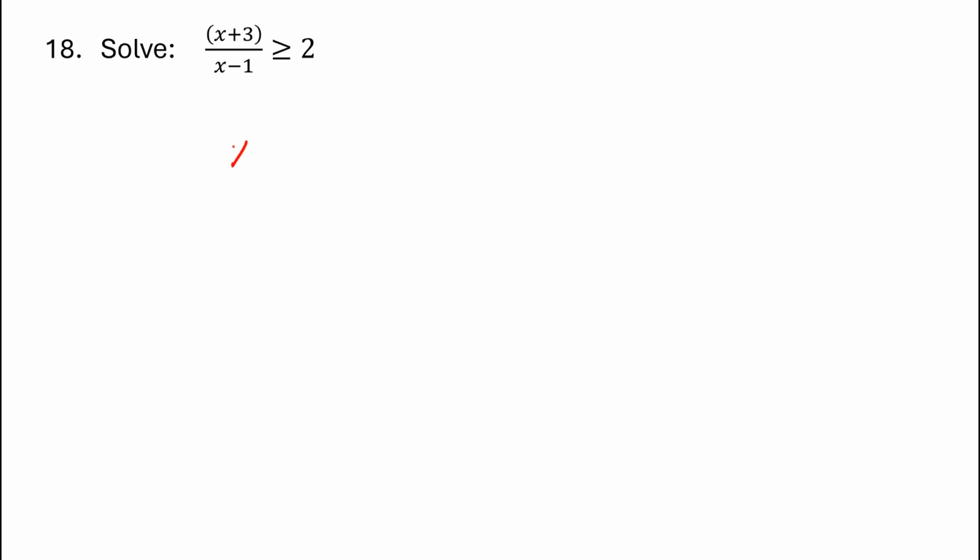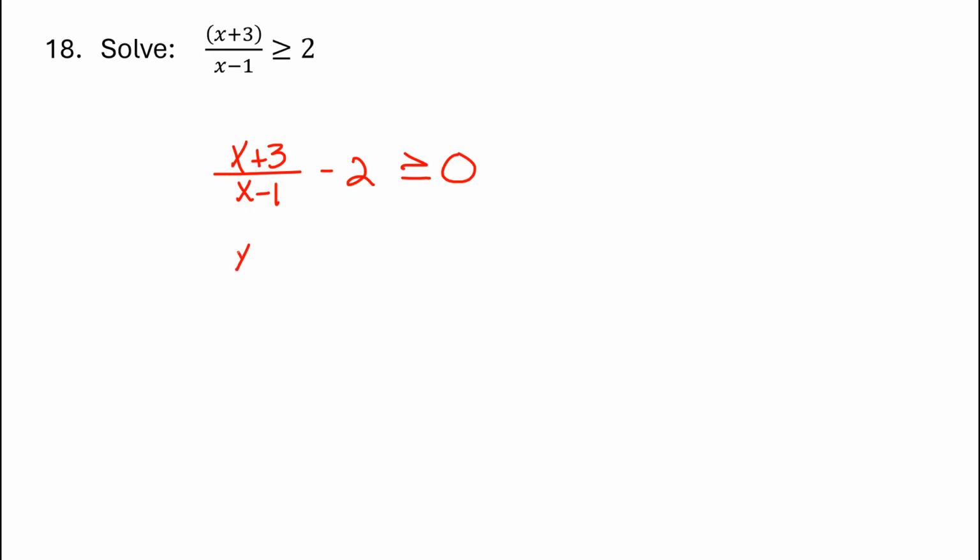So (x plus 3) over (x minus 1) minus 2 is greater than or equal to 0. Now we have a situation where we're talking about positive and negative. So we've got to get a common denominator. We'll multiply by (x minus 1) over (x minus 1) with that 2.